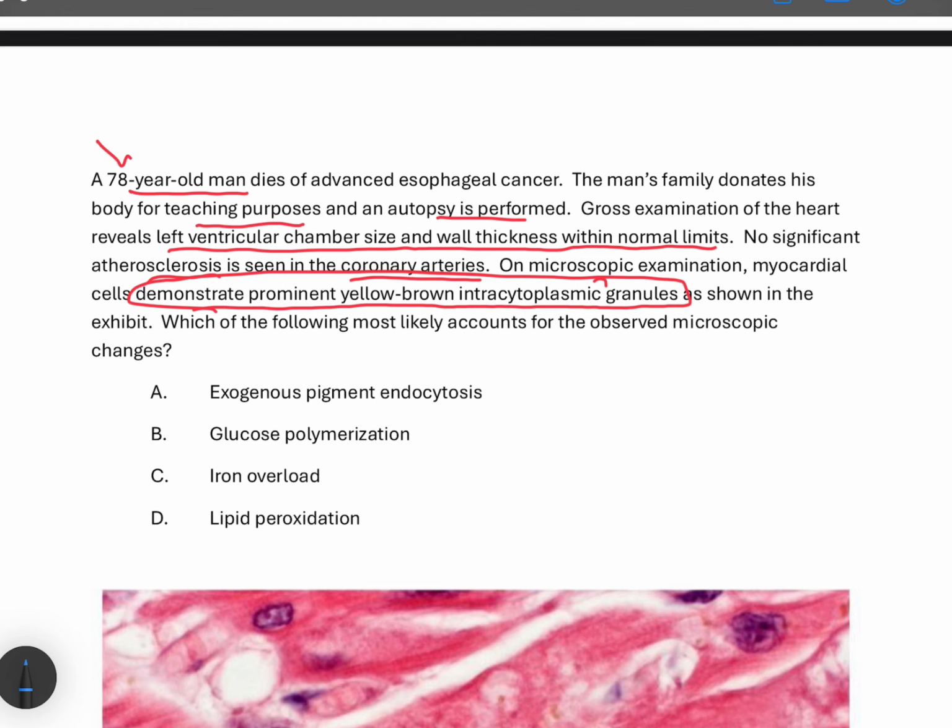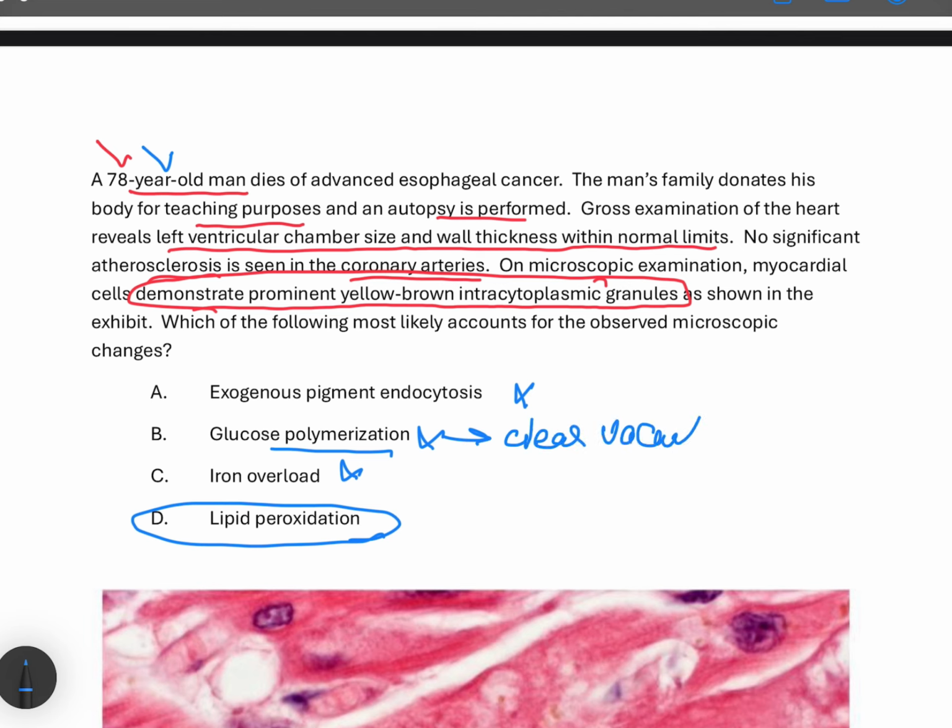So what will be our right answer? The right answer would be lipid peroxidation. Not exogenous pigment endocytosis. Glucose polymerization, no. Why? It's the glycogen and glucose polymerization product that typically appears as clear vacuoles within the cytoplasm, not brown and yellow intracytoplasmic granules.